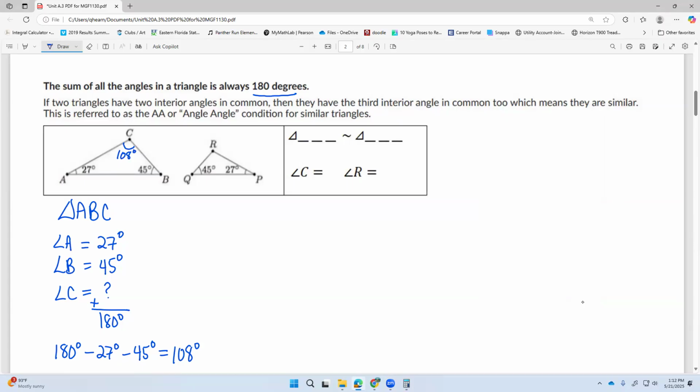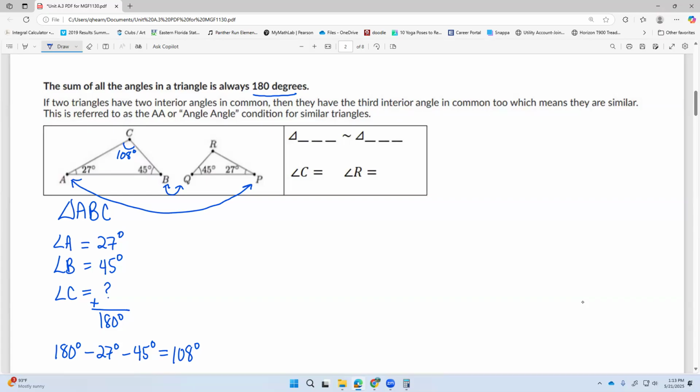All right, now before we talk about the missing angle in the other triangle, I would like to make an observation. Notice that these two triangles appear to have at least two of the same angles. Angle B is the same as angle Q, and angle A is the same as angle P in measure.